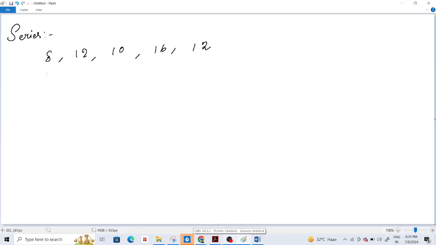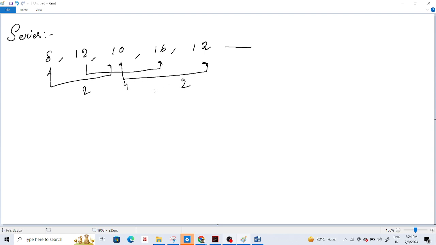Yes. So as I told you, when there are these ups and downs, then there are high chances that two series are combined. So the difference is, 8 to 10 is 2, and this one is 4, and this one is 2.